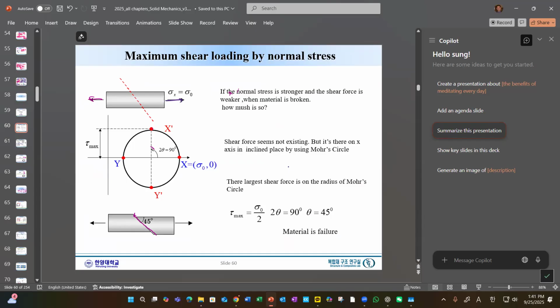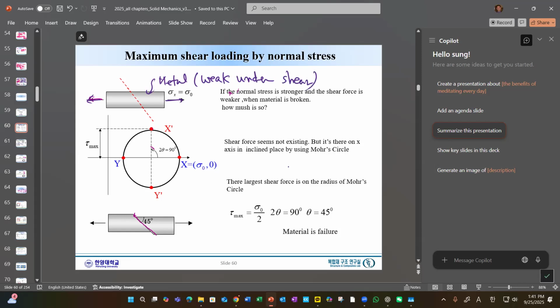We have a tension, and this is say metal, steel, for example, and metal is weak under shear.